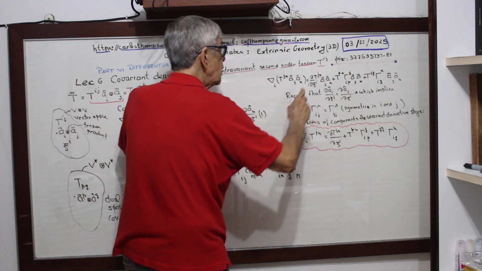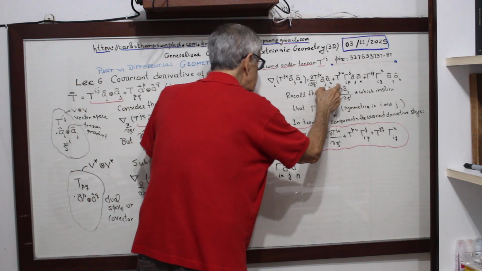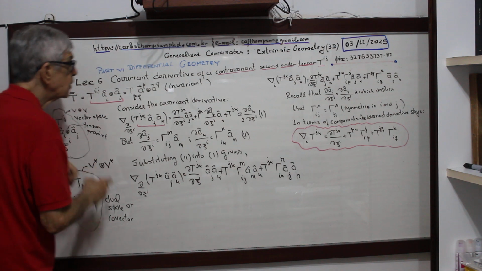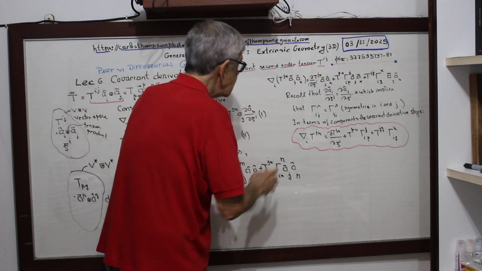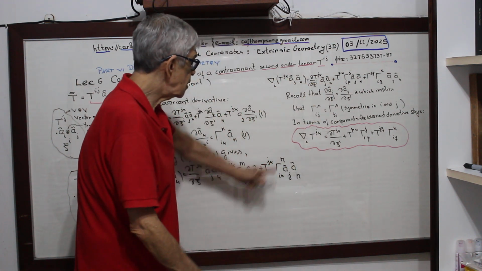Now, in terms of components, I can work only with the components. This is the basis. Don't forget the basis. I can omit it, no problem. So I just copy from here to here. Just look at that.